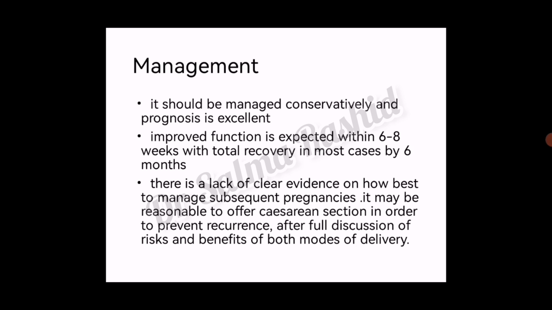It should be managed conservatively and prognosis is excellent. Improved function is expected within 6 to 8 weeks with total recovery in most cases by 6 months. There is lack of clear evidence on how best to manage subsequent pregnancies after postpartum femoral neuropathy. It may be reasonable to offer cesarean section in order to prevent recurrence after full discussion of risks and benefits of both modes of delivery.